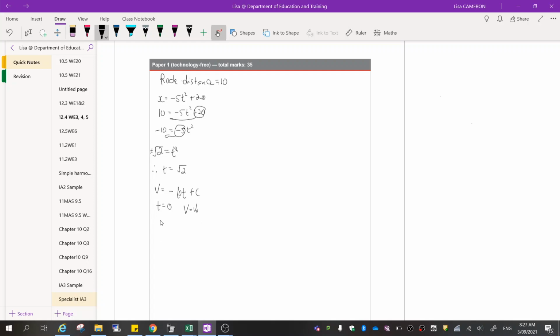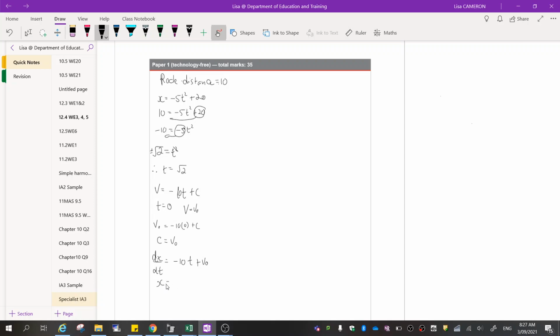So v0 is equal to negative 10 times 0 plus c, meaning that our constant is our initial velocity. Next, we restate the function with our velocity substituted in as c, and change it into the rate of change, the change in distance with respect to the change in time. So now I've got minus 10t plus v0.